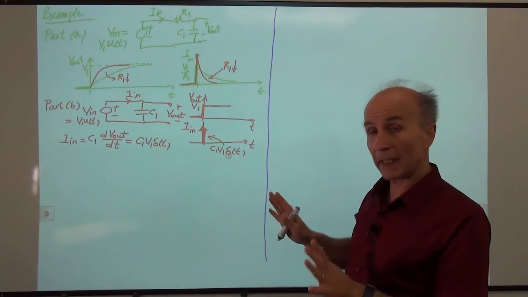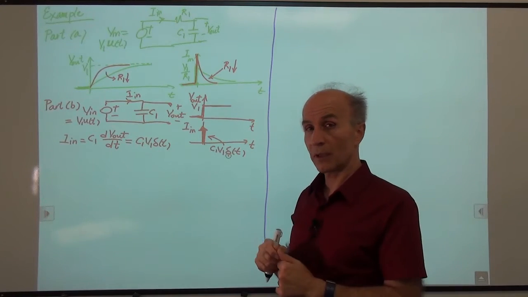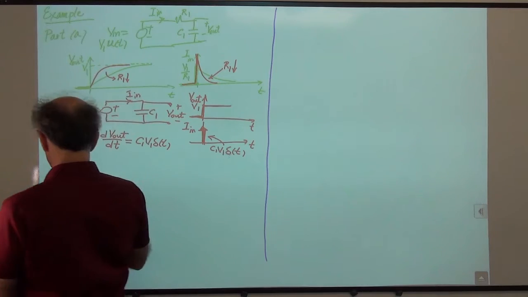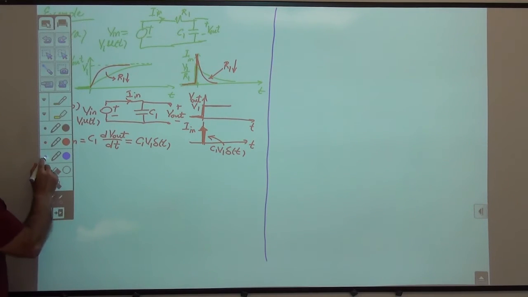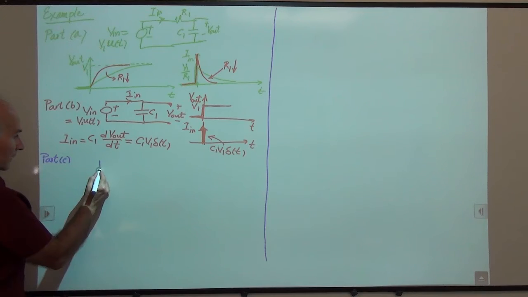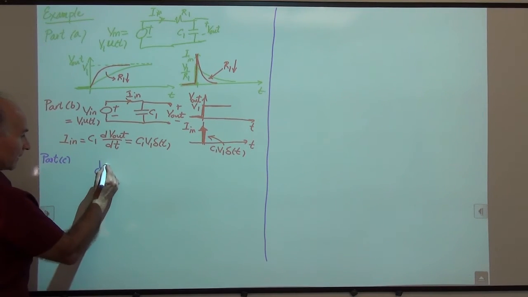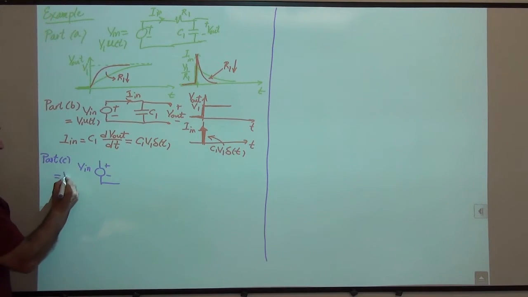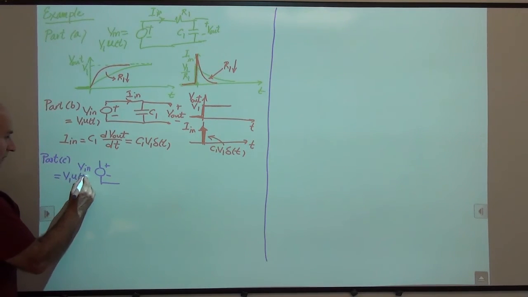Okay, so part A, part B. Now let's go to part C and twist the problem a little more. So let's go to part C and consider this situation. So I have V in, the same story, so V1 U of t.